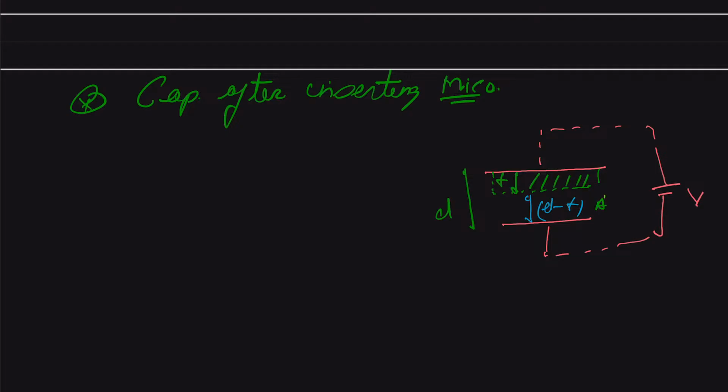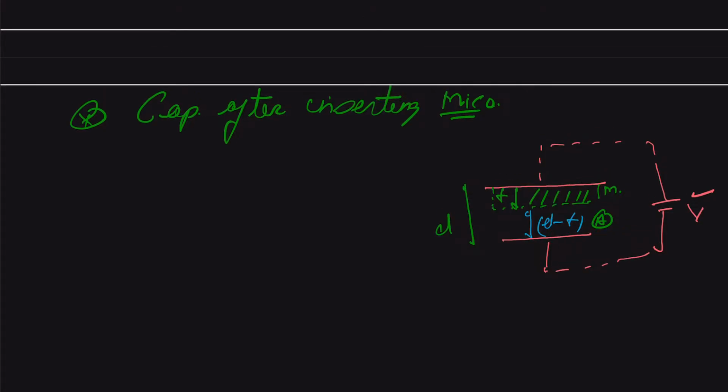So this is the air dielectric and this is the mica sheet, and both will be in series. This is the basic thing that is happening here. And please remember, the voltage source is always connected, it is not being removed.